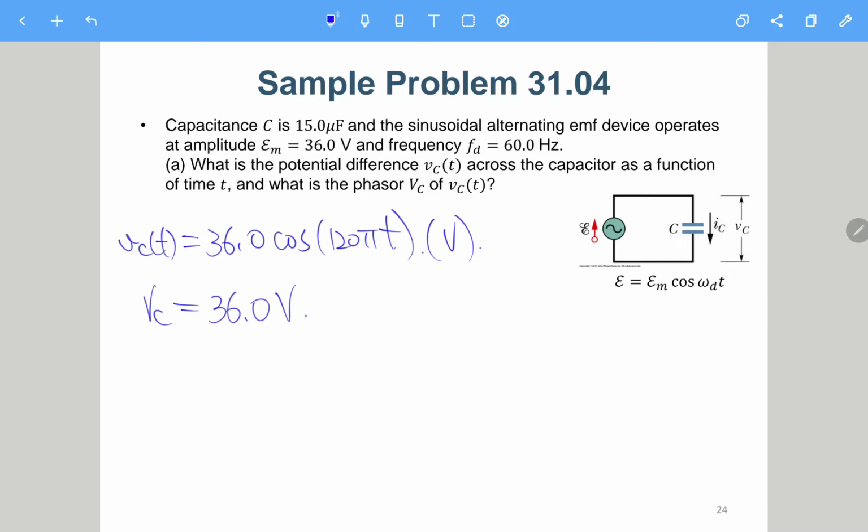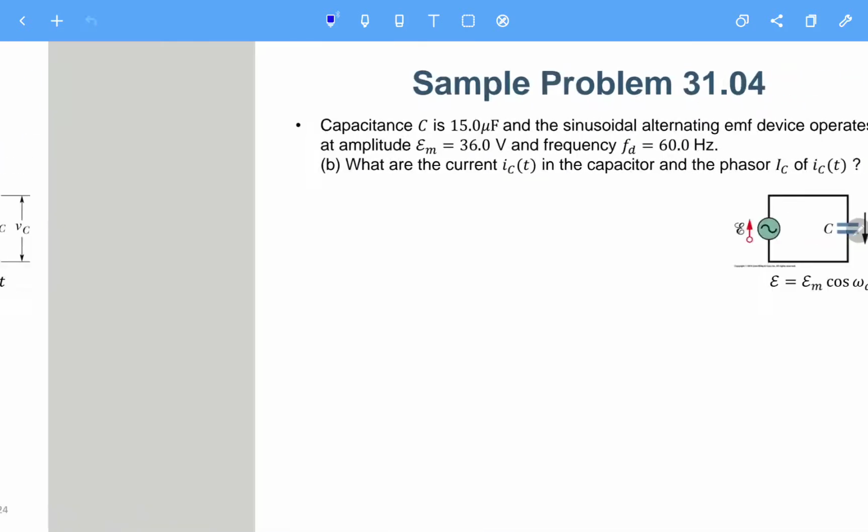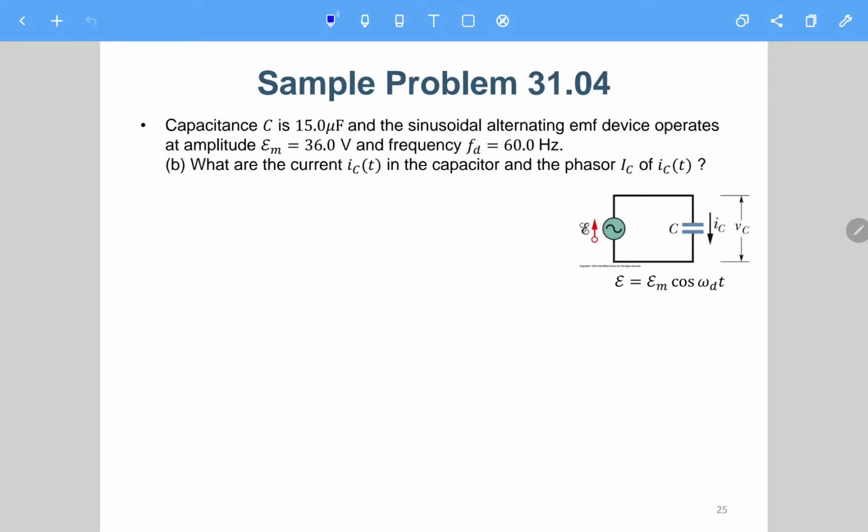And then we can consider part B. What is the current? Actually you can just use i_C of t equals C dV_C/dt, and then calculate the answer, like what we derived in the previous pages. But here I think we can make use of the phasor.